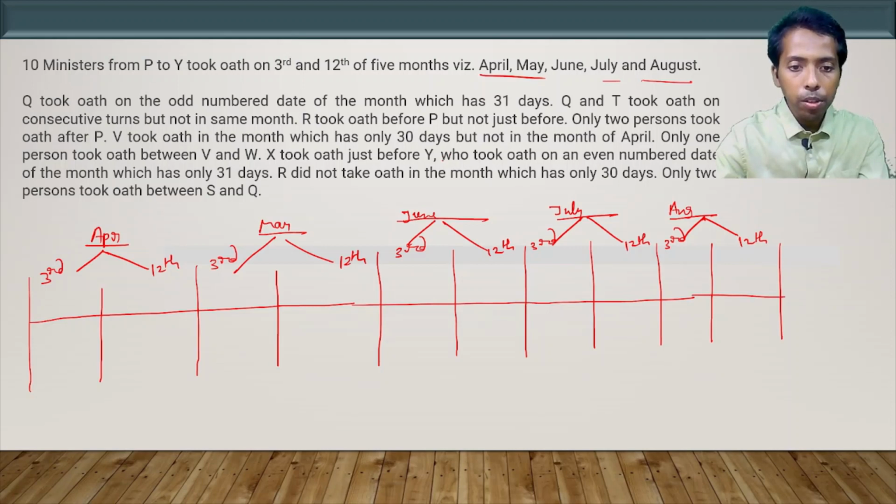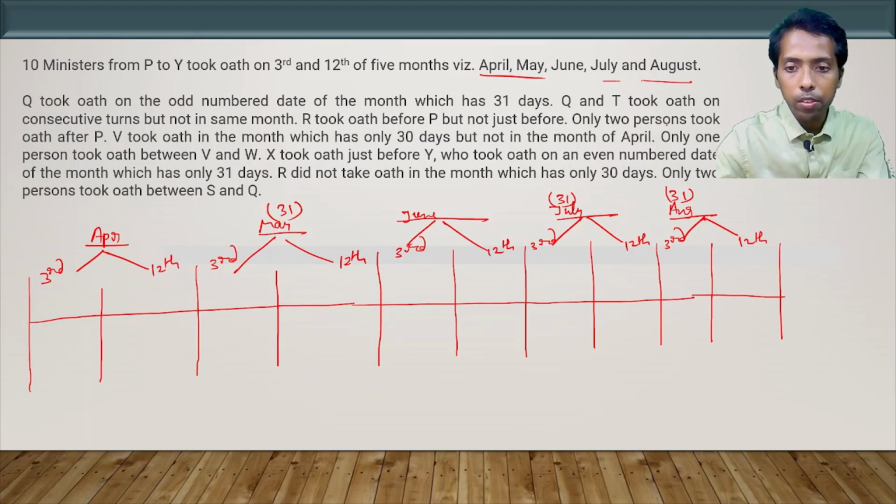So first one, we will find out some definite statement from which we can build upon further. Okay, this is odd number of date, and see January, February, March, April. So this is 31st, 31 days, June, July, this is 31, and this is also 31. Right. Now try to find out some definite statement.